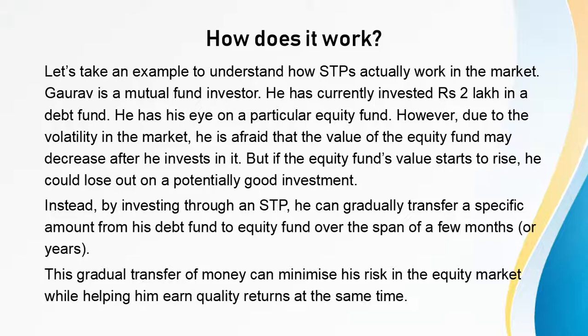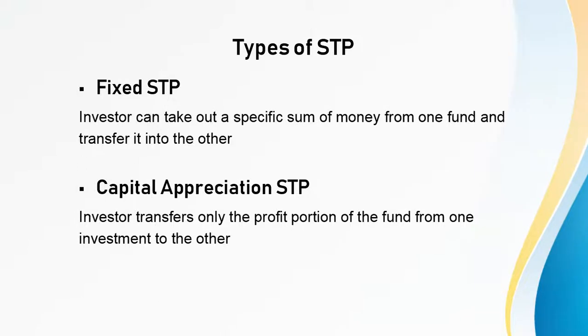But if the equity fund's value starts to rise, he could lose out on a potentially good investment. Instead, by investing through an STP, he can gradually transfer a specific amount from his debt fund to equity fund over the span of a few months or years. This gradual transfer of money can minimize his risk in the equity fund and the equity market while helping him earn quality returns at the same time.